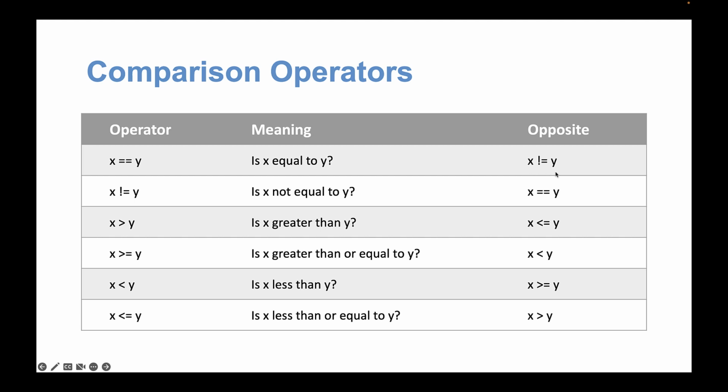This is the reverse condition. We also can say x is greater than y, and the opposite is going to be x is less than or equal to y. And then these are just other conditions that can be met. So we can say x is less than or equal to y, and the reverse condition would be x is greater than y.